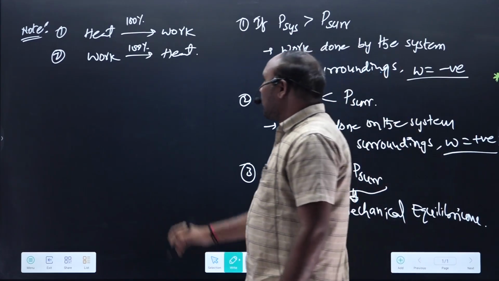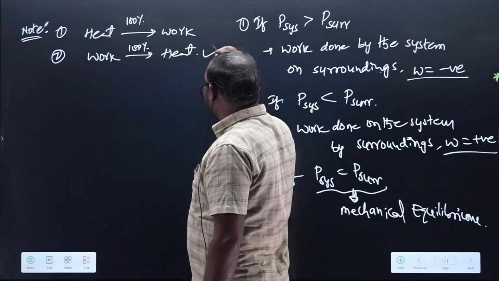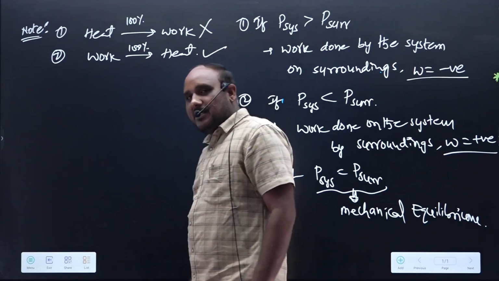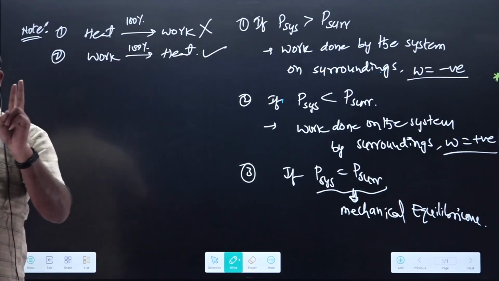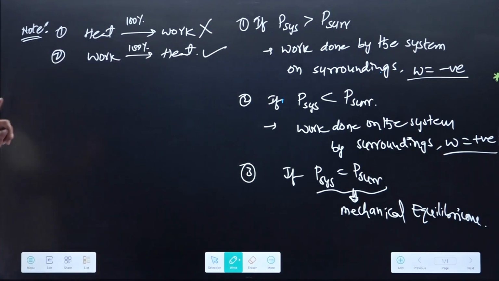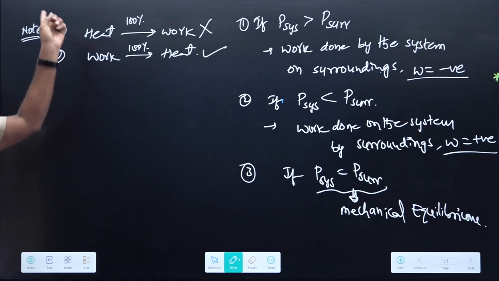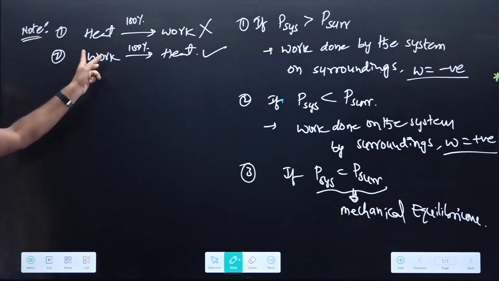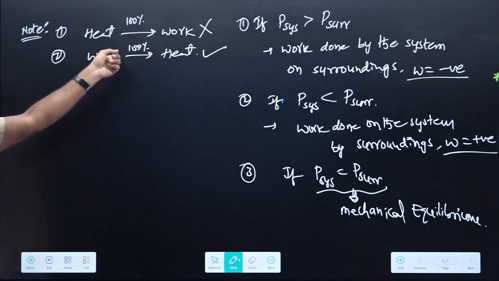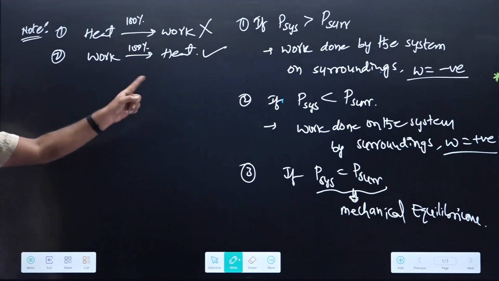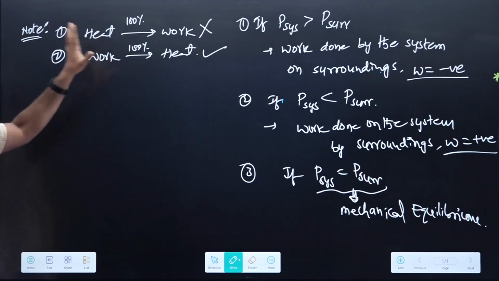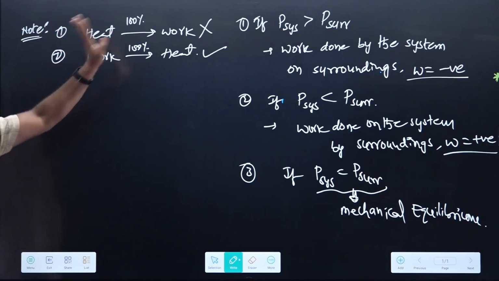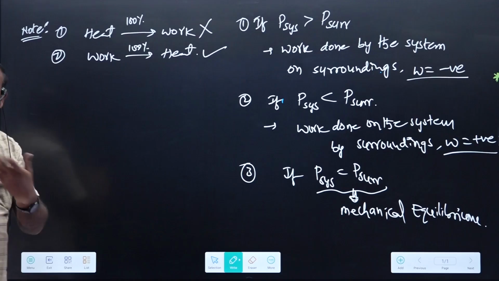Therefore, 100% work is converted into heat, but 100% heat cannot be converted into work. That can be explained with the help of the second law of thermodynamics. Remember this; I will ask this question again at that time. Here heat is there, work is there, and the relation between them should be mentioned in the note. Without 100%, both are possible.